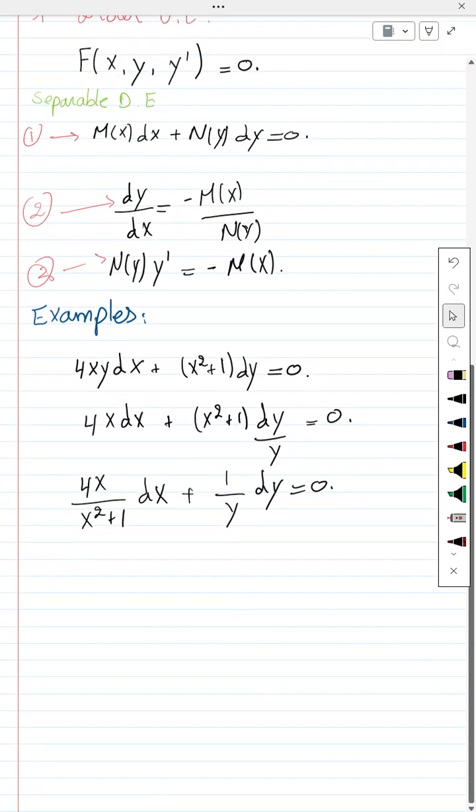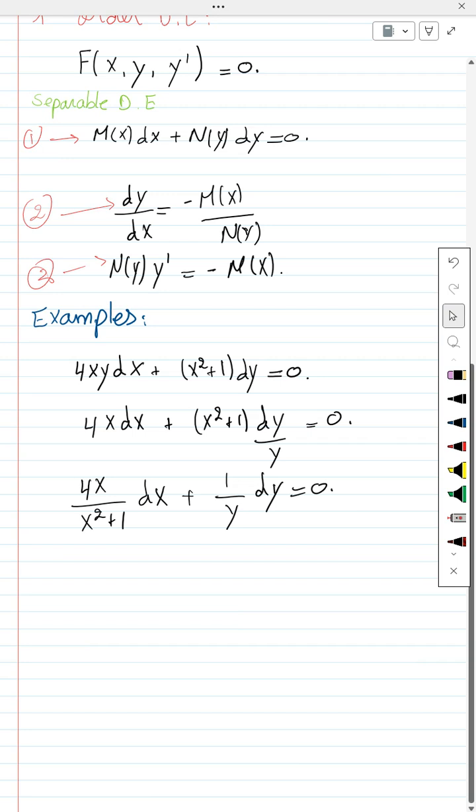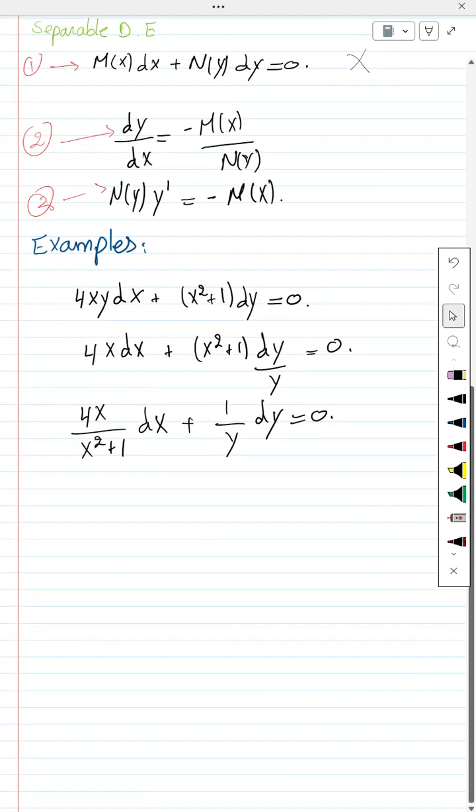Now I didn't finish the explanations right here, so we will do more explanation in this example. As you can see, we will write this equation in another form. We will keep aside everything related to x on one side and everything related to y on the other side. It's going to be 4x over (x squared plus 1) dx is equal to minus 1 over y dy.